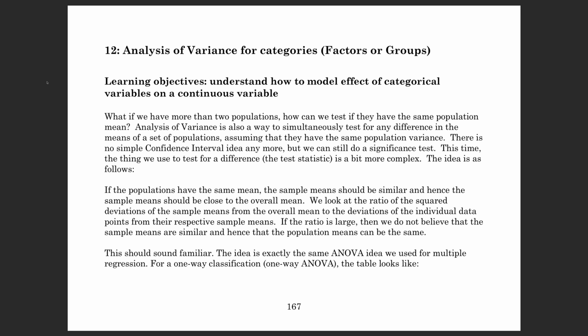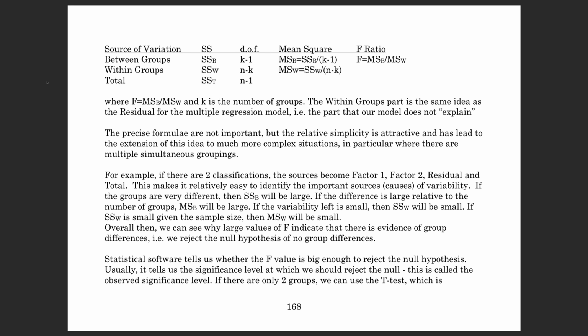So for a one-way classification, meaning we just have one categorical variable, or one-way ANOVA, the table looks like this. So you can see here, in the same way, we've got between groups, within groups, and the total. So within groups corresponds to the residual in the multiple regression model. That's the variability that our model does not explain because it's variation within the groups.